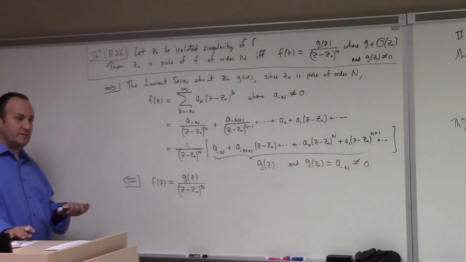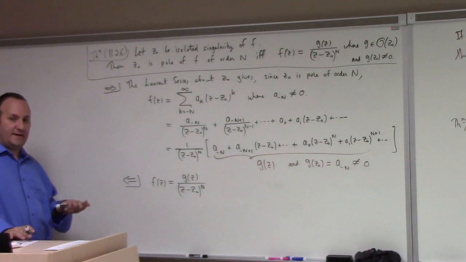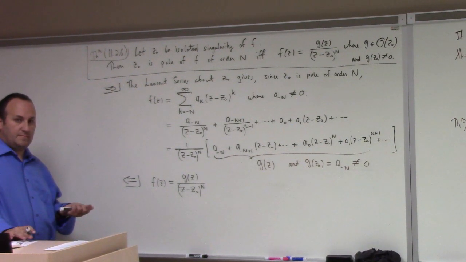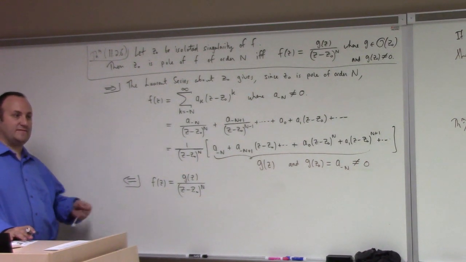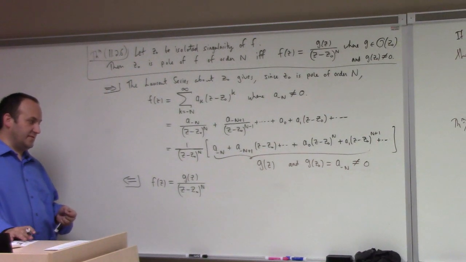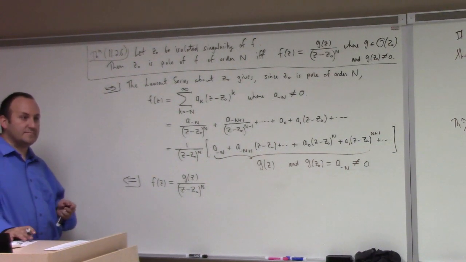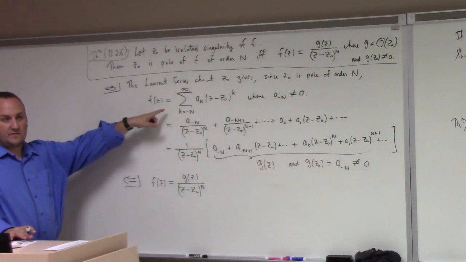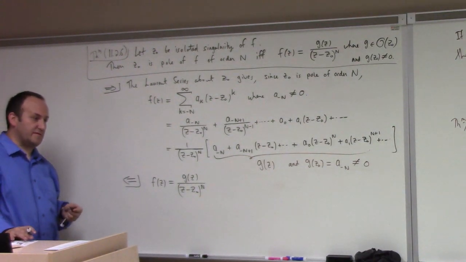It's analytic. And then if you look at that, that gives you a Laurent series, right? So you have this Laurent series for f. And that must be the Laurent series, which shows that it has a pole of order n, because when you expand this out, you have the same format we did to start with. Okay, so that's the other direction of the proof.